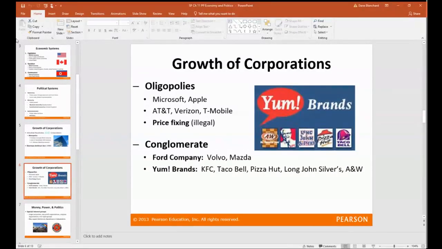For example, Microsoft and Apple competing with each other in the computer industry. AT&T, Verizon, T-Mobile, they have a large portion of the consumer base when it comes to that kind of technology. However, they are still competing with each other.